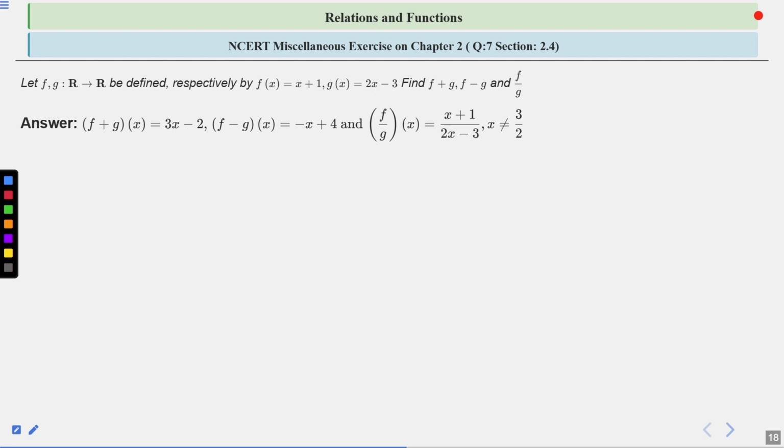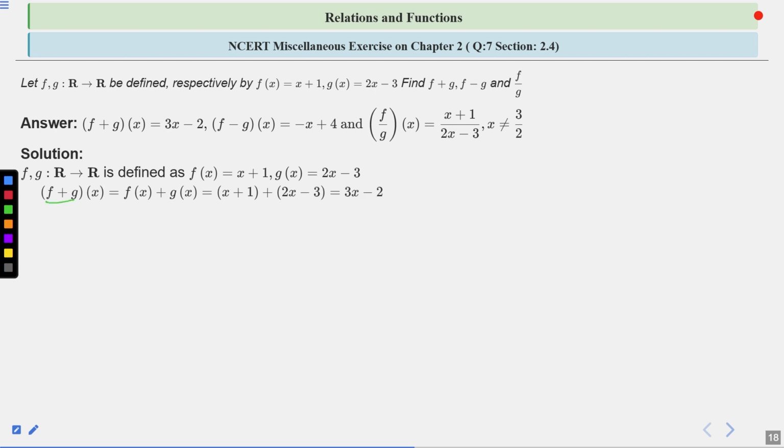How? Quite a simple solution. We are just going to use the definition of how we define the algebra of two real functions. In the case of f plus g, we just add f(x) and g(x), each output, in order to get the f plus g function.